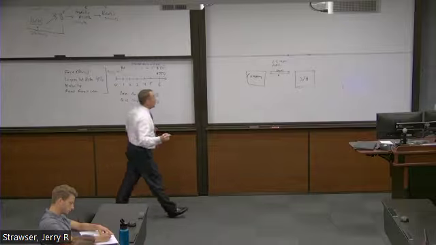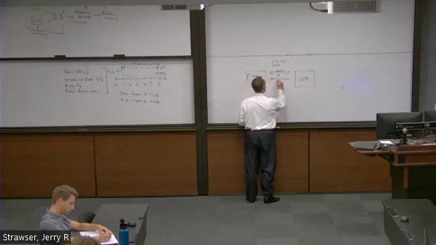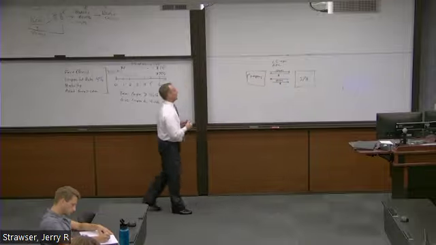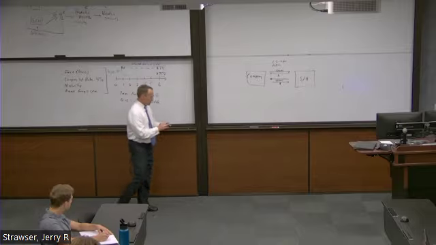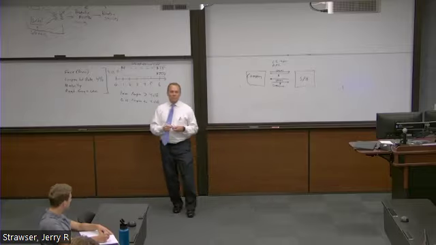Then from time to time, the company will decide, hey, I want to go back and buy those shares. And in exchange for those shares, I'm going to give cash to the shareholders. We call this treasury stock.